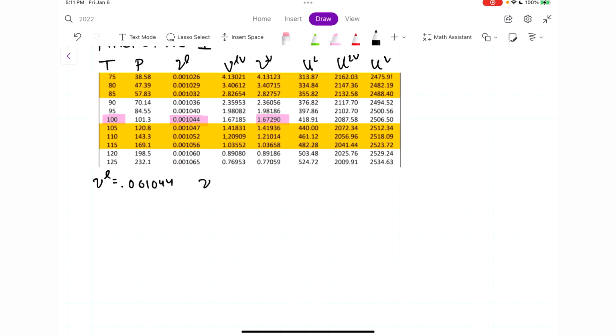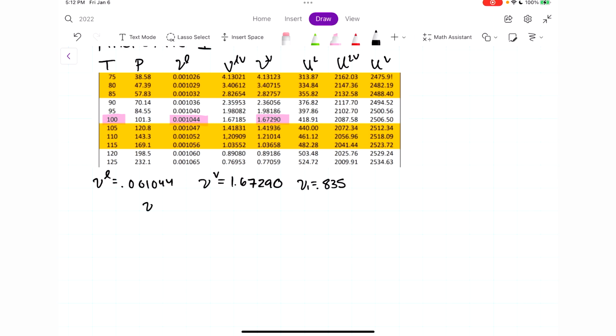The specific volume of the saturated vapor is 1.67290. And again, this is when the temperature is 100 degrees Celsius, right? And our specific volume is 0.835.